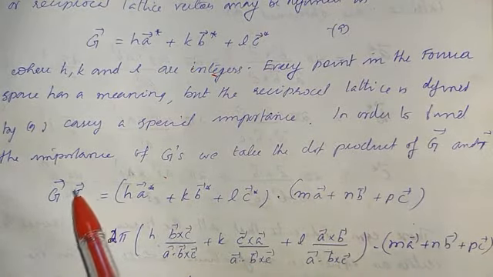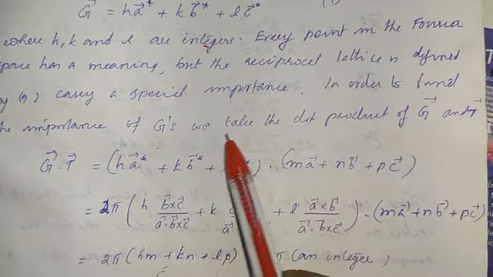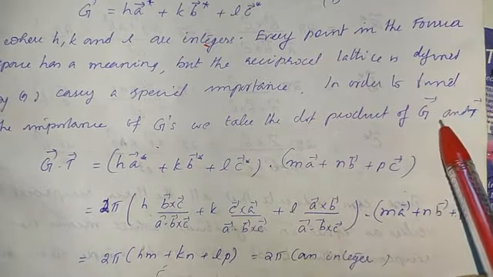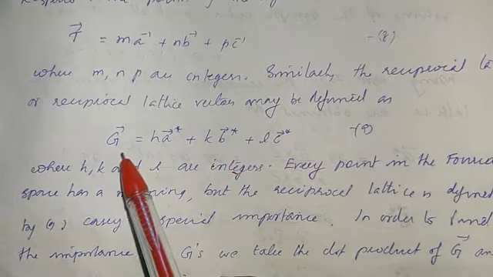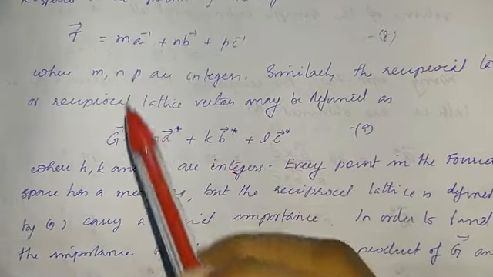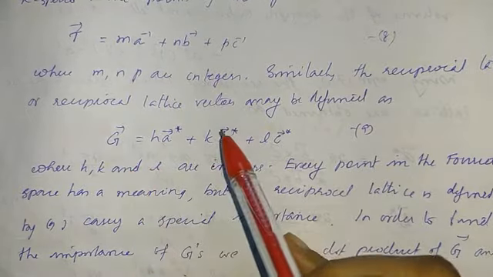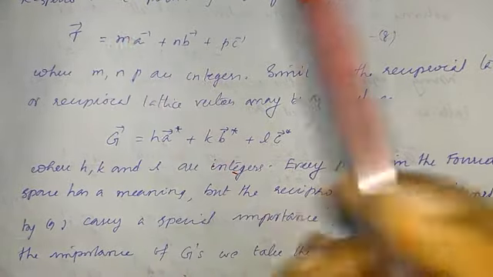In order to find the importance of G, we take the dot product of G and T. This G vector corresponds to the reciprocal lattice and this T vector corresponds to the original lattice.